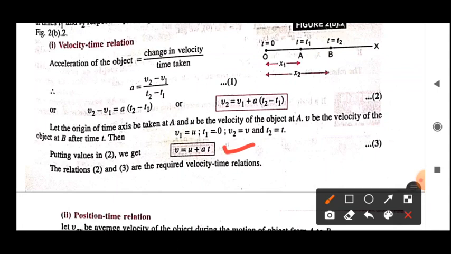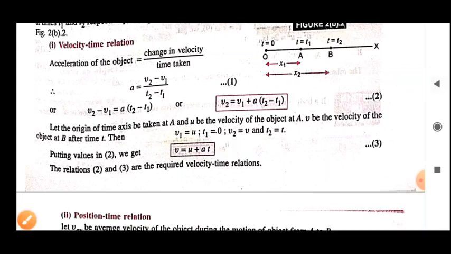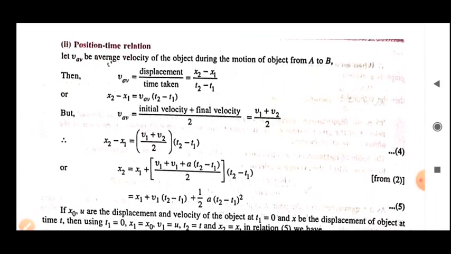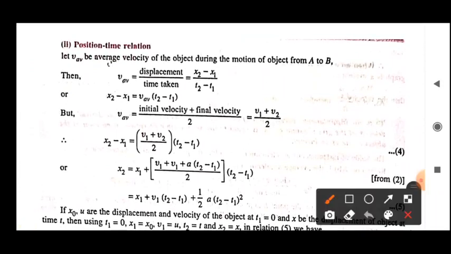So this is the alternate method, the calculus method, that you can adopt to find the relationship between velocity and time. This is the first relationship that we have got. Now let's see the second relationship, the position-time relationship. Let v average be the average velocity of the object during its motion from A to B. So v average is given by displacement upon time taken.